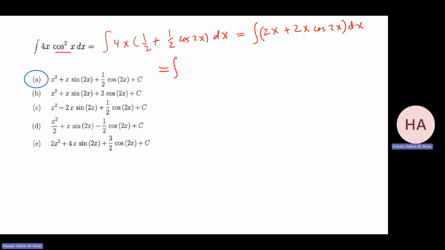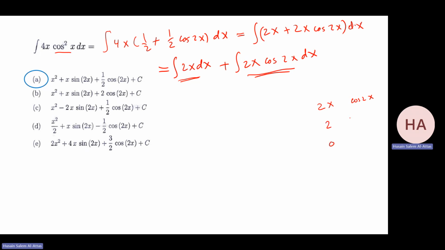So this is kind of split in 2 parts: x dx plus x cosine 2x dx. Why did I split it? This is x squared, but this one needs integration by parts, or tabular will do it also. So I have x, and this is cosine 2x. So this is 1, this is 0.